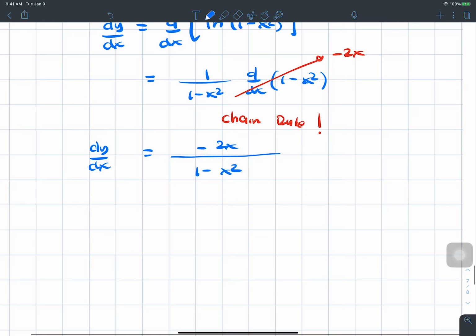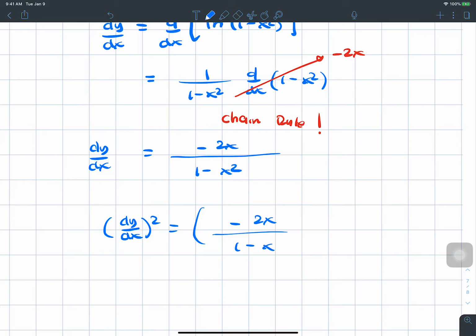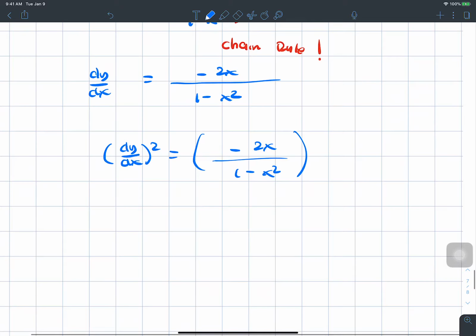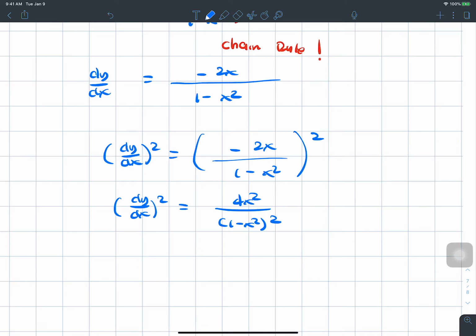Okay, good. And you say, we're supposed to square this. And when we do, we get (dy/dx) squared. Square that, we get a positive 4x squared over 1 minus x squared squared.